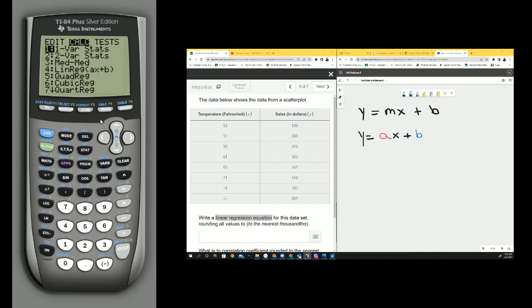If I look down my list, I see linear regression with ax plus b is number 4, and I'm going to hit enter on number 4. This is going to pop up. Then I'm going to hit enter once more. And right here, it gave us what our a is.